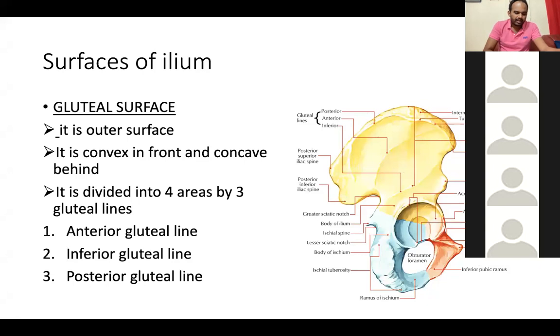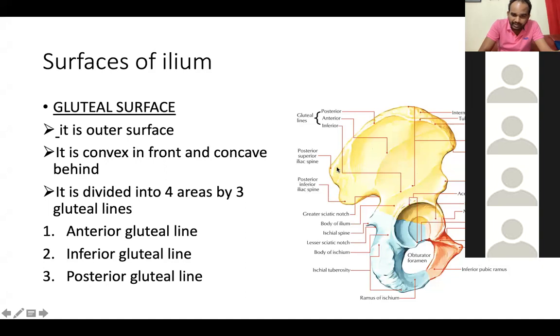Now, how many areas are you seeing? This is area 1, which is in front of the inferior gluteal line. What is this area between? The inferior gluteal line and the anterior gluteal line. This is area number 2. What is this area between? The anterior gluteal line and the posterior gluteal line.